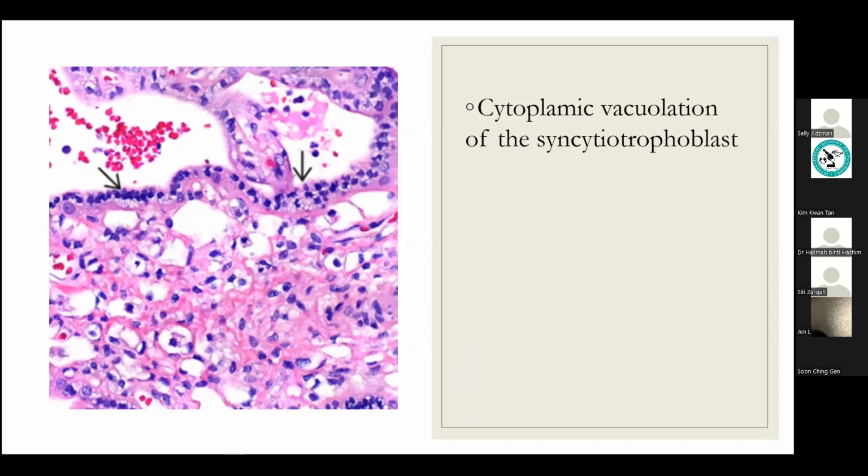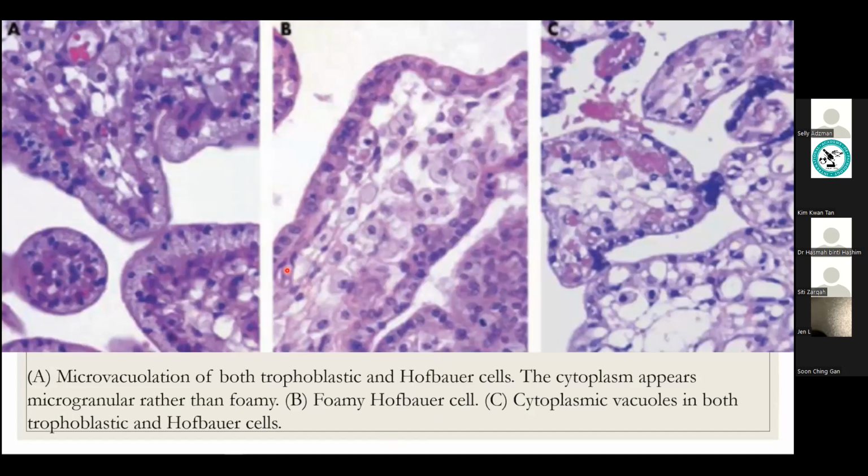Usually I will look at two cells: the Hofbauer cells here at the center, and the other is the syncytial trophoblast. They will have vacuolation, like here, vacuolated Hofbauer cells and syncytial trophoblast, or the Hofbauer cells can have fine granular cytoplasm.